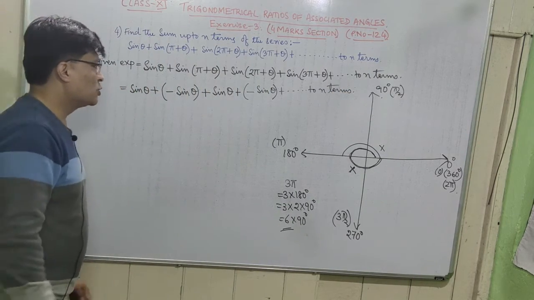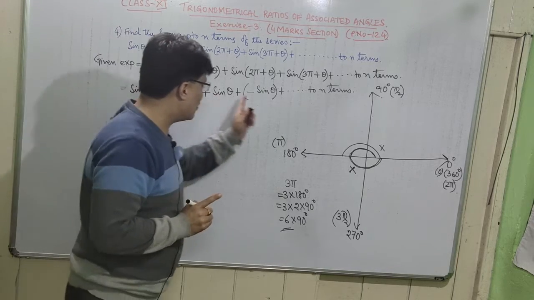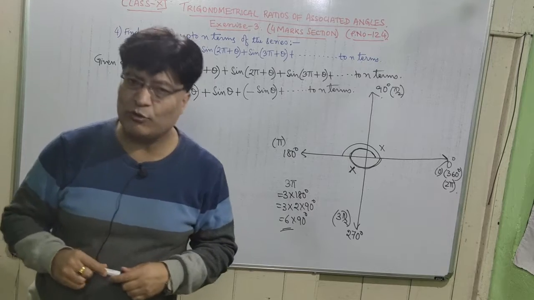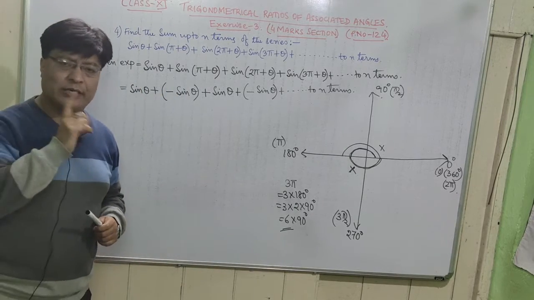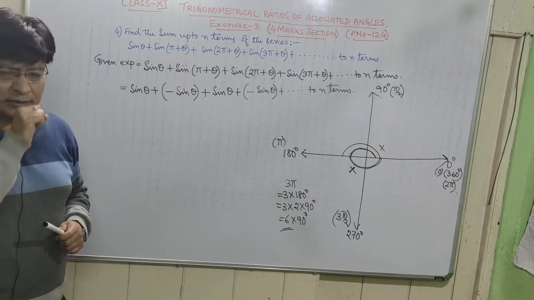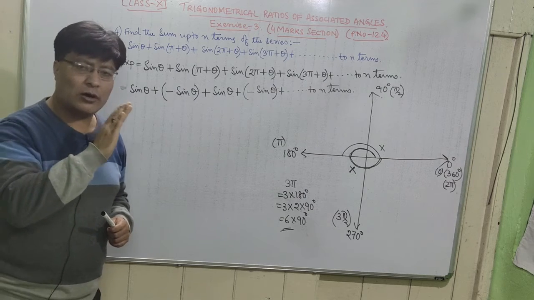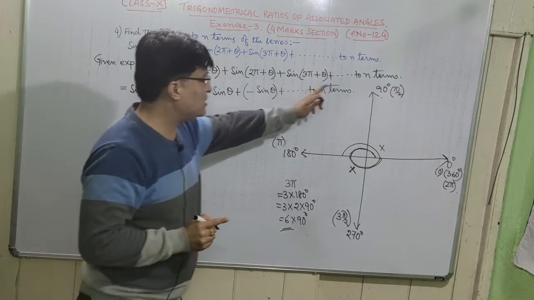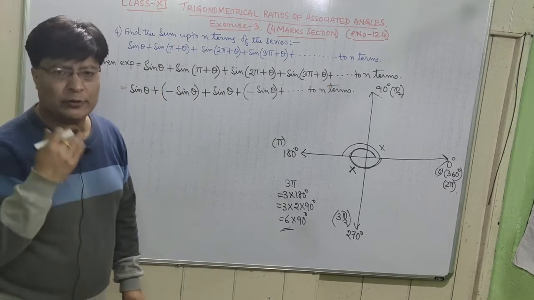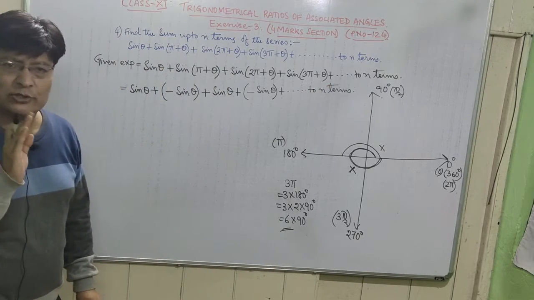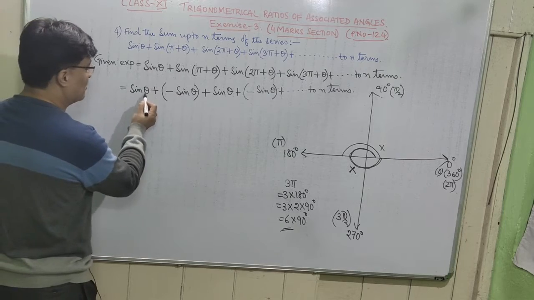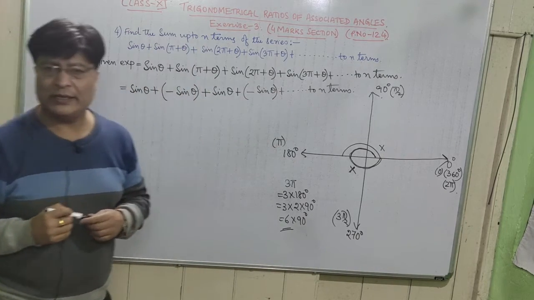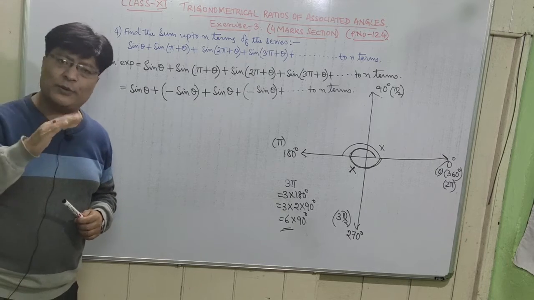Okay, so now the value of this series depends upon the value of n. So here n may be even integer or n may be odd integer. Suppose n is equal to 1. If we put n is equal to 1, there is only one term. That means this value is sine theta.